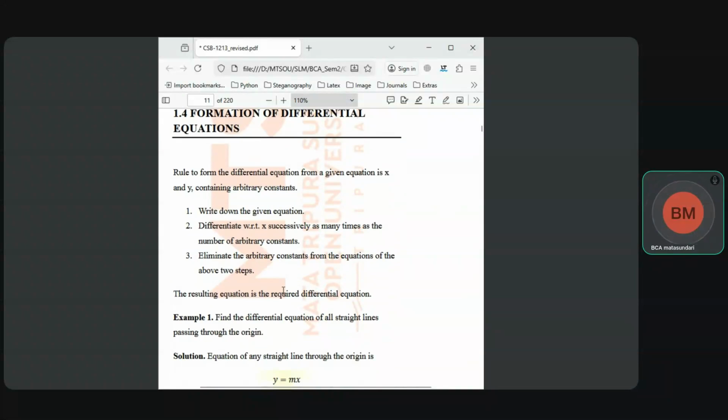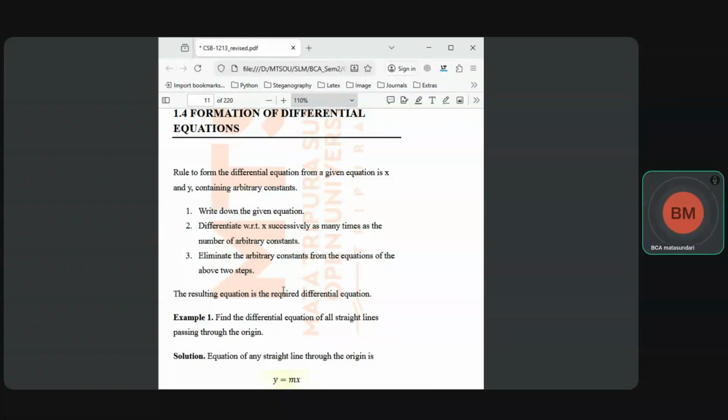Formation of differential equation. Rule to form the differential equation from a given equation in x and y containing arbitrary constants: write down the given equation.